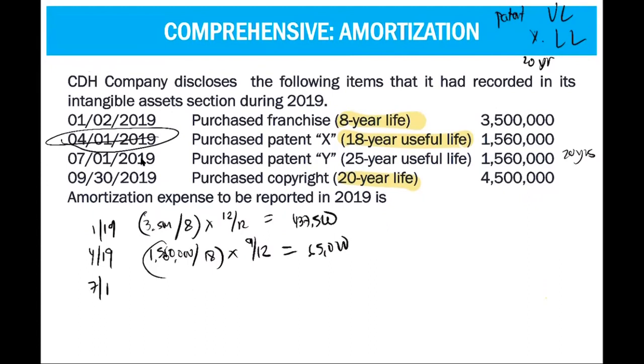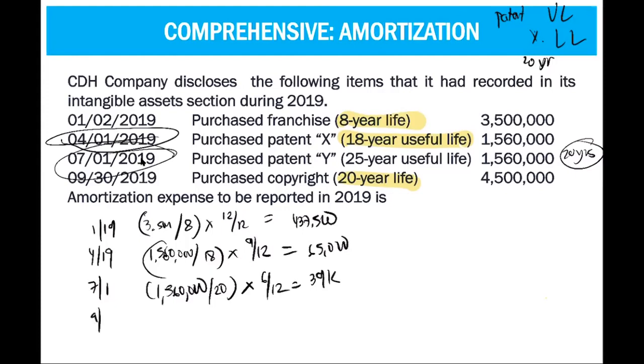Next, July 1. We have 1,560,000 still, but the useful life now is 20 years. You multiply it by the period, July 1 until December 31, 6 over 12. So 1.56 million divided by 20 years times 6 over 12 will give us 39,000. September 30, we have 4.5 million divided by 20 years.